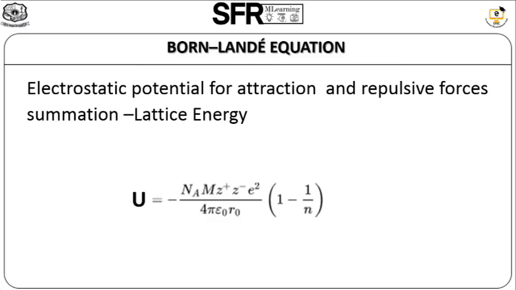Z plus is the numerical value for the positive charge cation and Z minus is the numerical value of the negative charge anion. And then E square is nothing but of elementary charge, that is 1.6022 into 10 power minus 19 coulomb. And then epsilon naught is the permittivity of the free space. R0 is the closest distance between the cation and anion. N is the Born exponent, that value depends on the cations and anions. The range is 5 to 12.